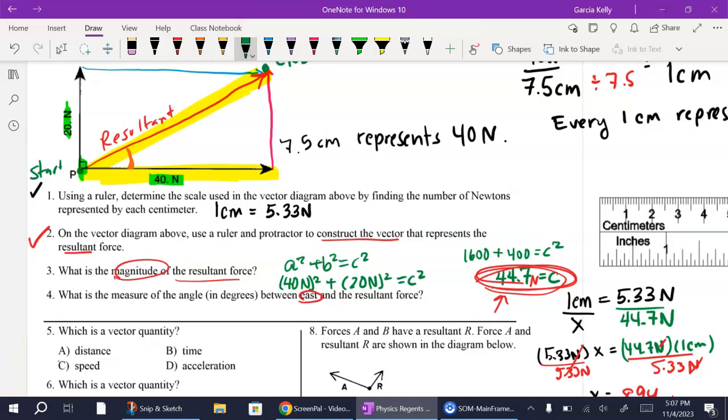I know that to make my resultant, I had to use twin vectors, so that this vector is also 20 newtons, and this one is 40 newtons. And if my angle is this one, this is my opposite side, this is my adjacent side, I could use inverse tangent.